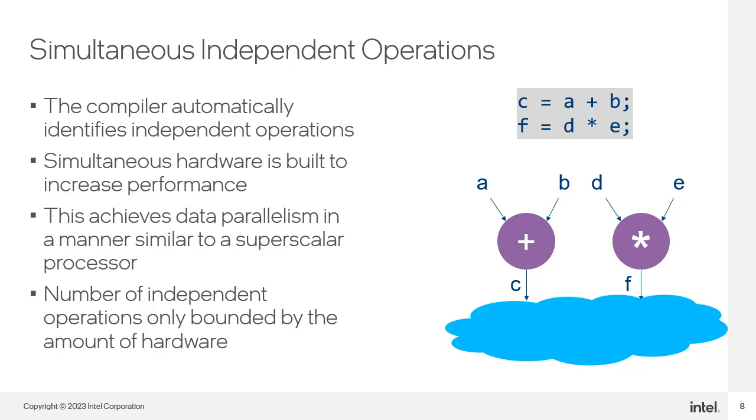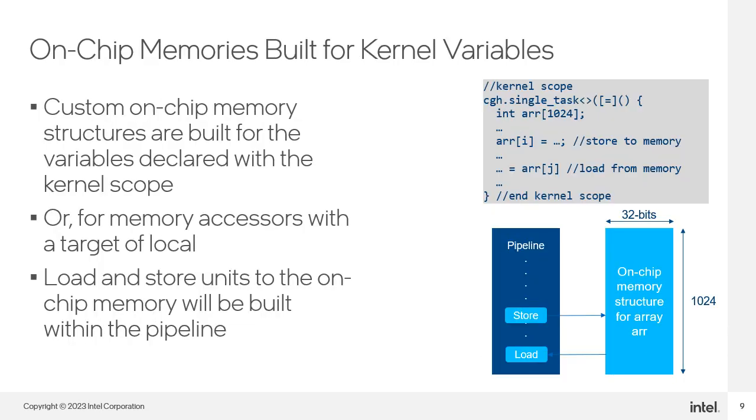Building simultaneous hardware like this achieves data parallelism in a manner similar to how a superscalar processor operates. Bear in mind that the number of independent operations that you can execute depends on the amount of hardware resources available to the FPGA.